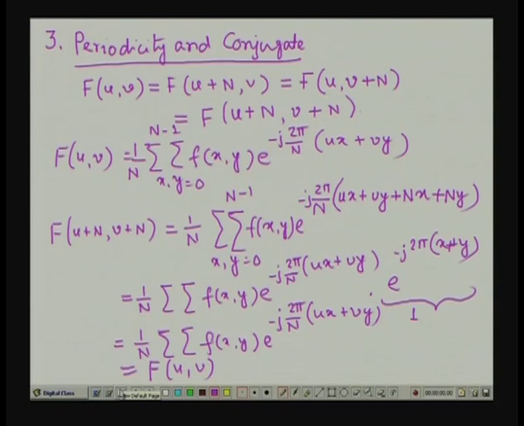Now, the other property that we mentioned is the conjugate property.